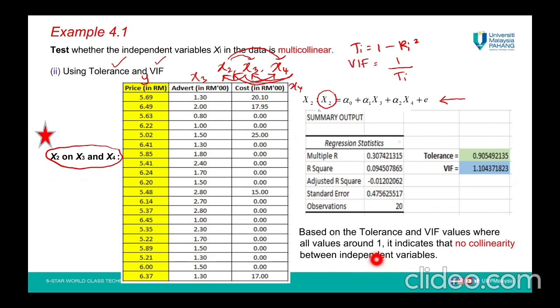By using Microsoft Excel, the multiple regression analysis conducted, we can get this regression statistics for this data. Remember that price now is assumed as y.